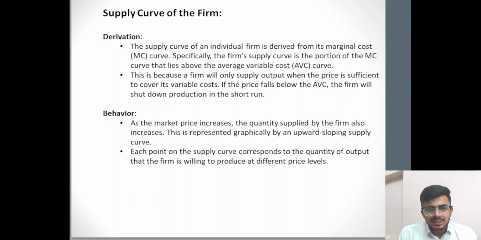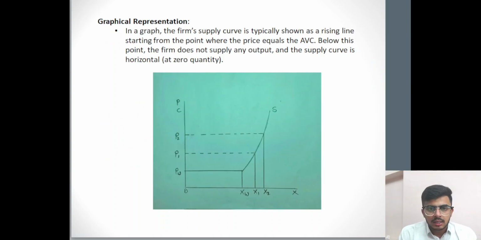This is represented graphically by an upward sloping supply curve. Each point on the supply curve corresponds to the quantity of output that the firm is willing to produce at different price levels. And this is the graphical representation of the supply curve.